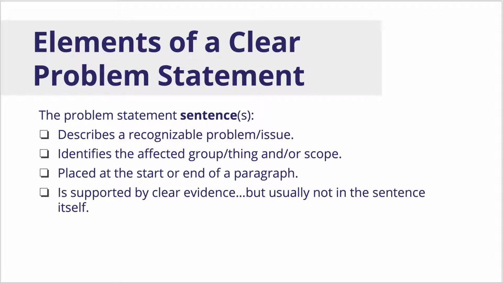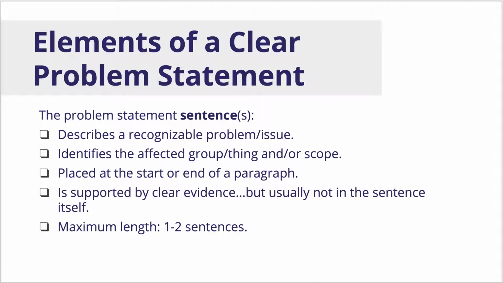We want the problem statement to be supported by clear evidence, but that's usually not going to happen in the sentence itself. Now, if it's a well-documented problem that perhaps you're looking at in a specific context, then maybe you can ground it in a citation, and that will provide some evidence. But that's not going to be in the body of the sentence itself.